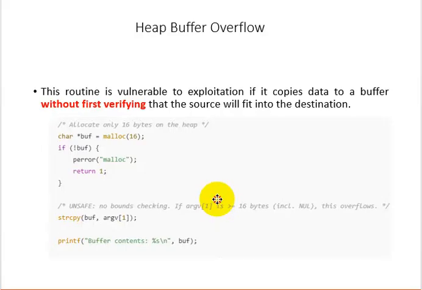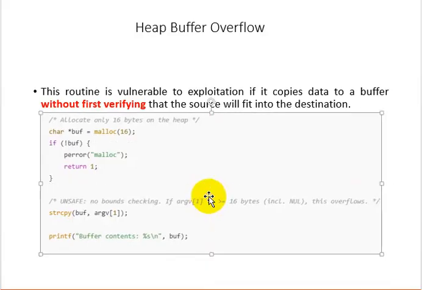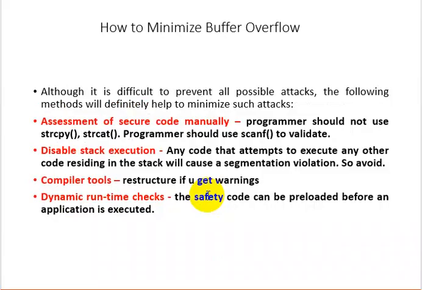A heap buffer overflow happens when a program writes more data into a dynamically allocated buffer than it can hold. This can corrupt nearby heap memory. This type of vulnerability occurs when data is copied into a buffer without checking whether the destination has enough space.